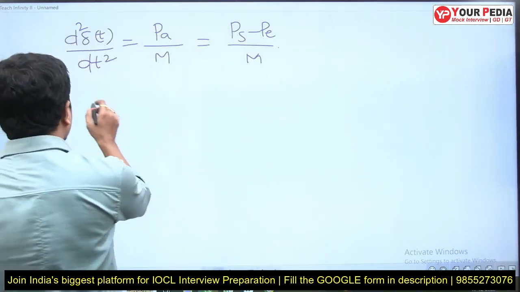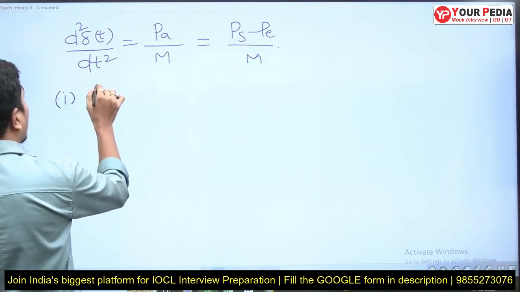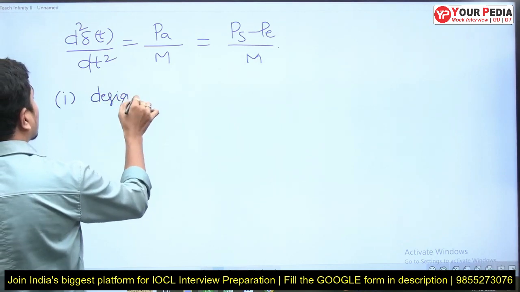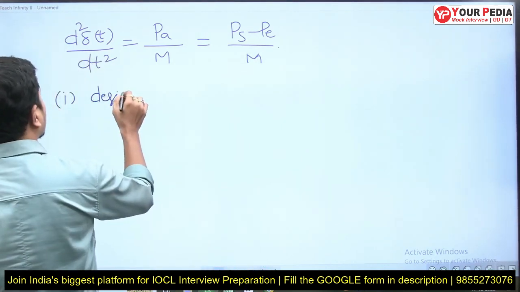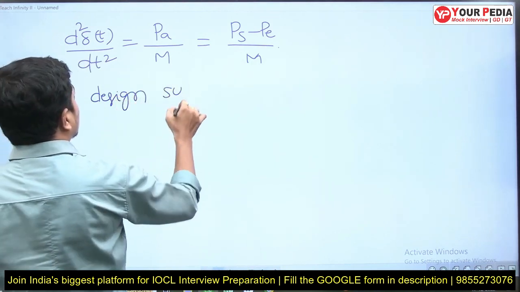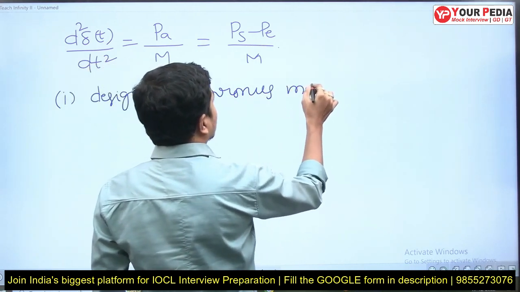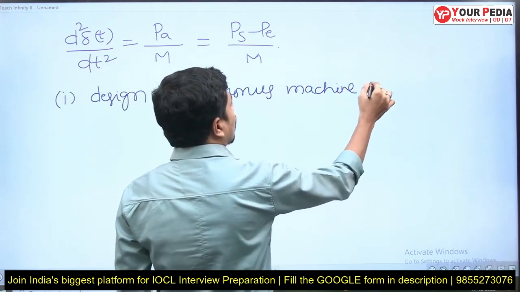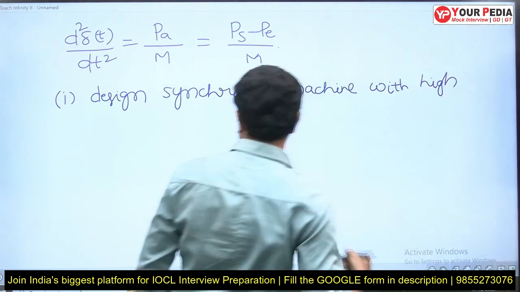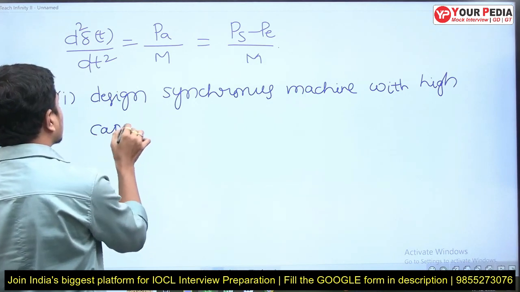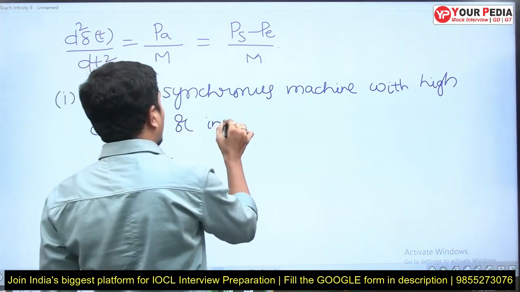Now the first method to improve transient stability is to design the synchronous machine with a high capacity or inertia.